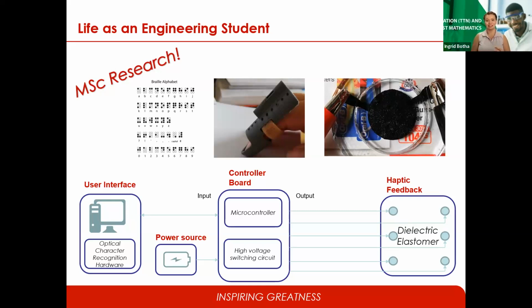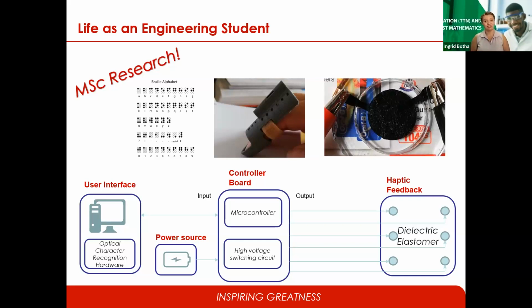In that case, it was dealing with my microcontroller, which was a Raspberry Pi, being able to scan the text, and writing code to first recognize the text, then translate it into voltage outputs. Those 6 voltage outputs would actuate each of the dots. You have to time it so that, to the reader, it would feel as if they are naturally running their hand across a Braille printed page.